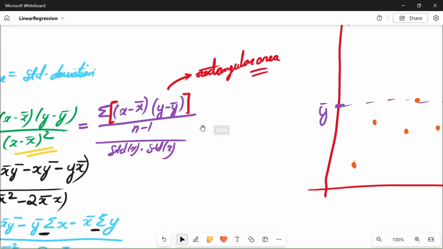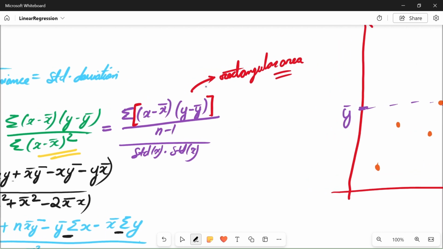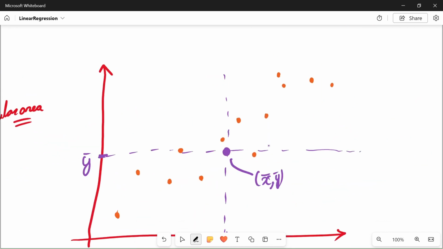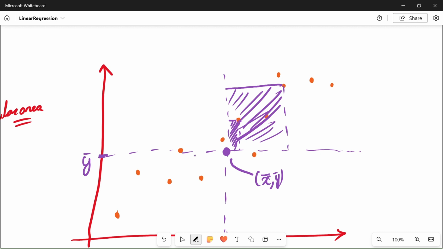Now, the second thing that I wanted to discuss is, let's again come back to the formula itself. Here we are finding the areas for all of our points. Now our origin has been shifted to this point, so this is the rectangular area that we care about. This is the rectangular area that we actually care about.